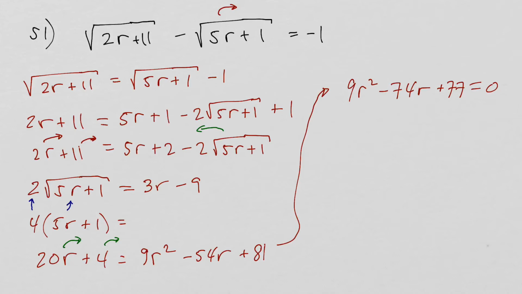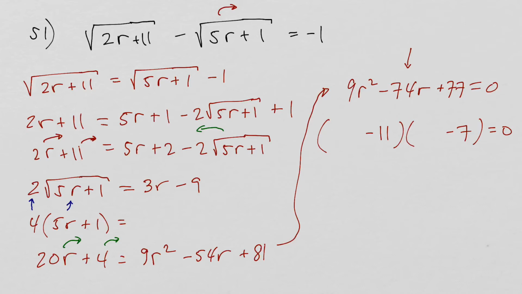Let's see. This is rough to factor. Well, this is probably a negative 11 and a negative 7. So let me do that first. And remember, I'm trying to get to 74 through addition. So 33 and 21 won't do it.